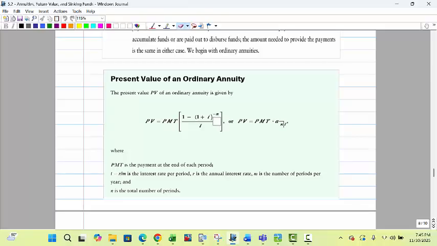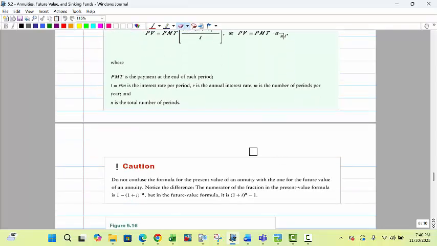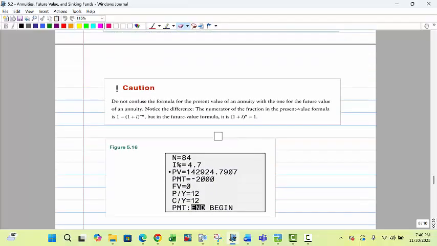It will be negative n, and then divided by i, in which everything else, i is r over m, and n is the total number of compounding periods. So nothing changes there. So this is kind of what I was just saying. They got a nice little caution for us there to not confuse it with the other formula with the different numerators.